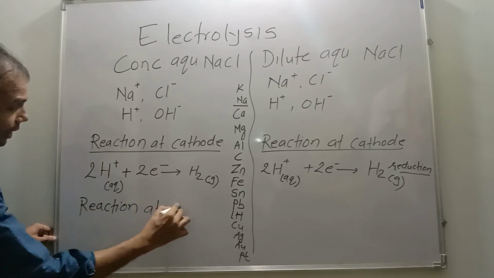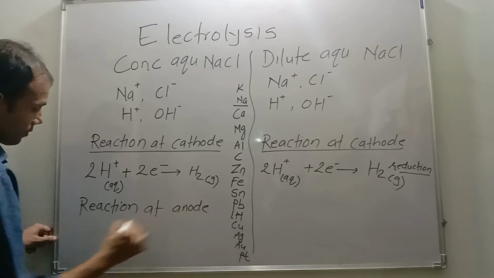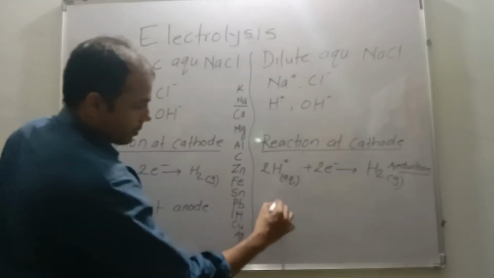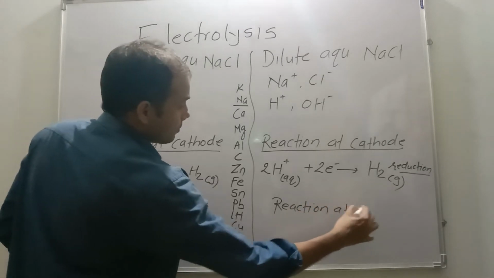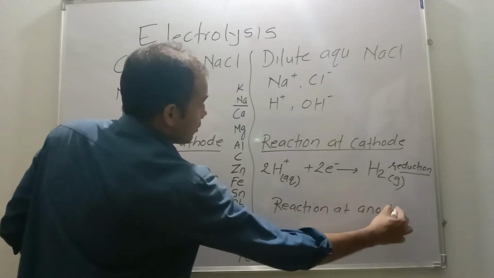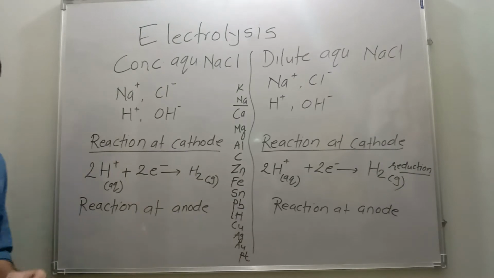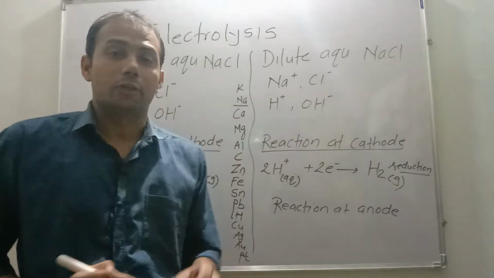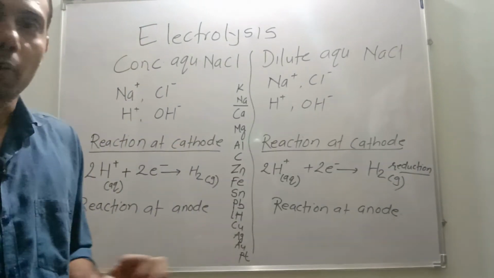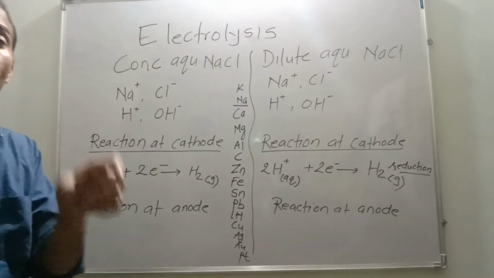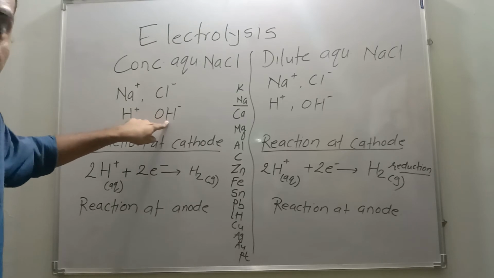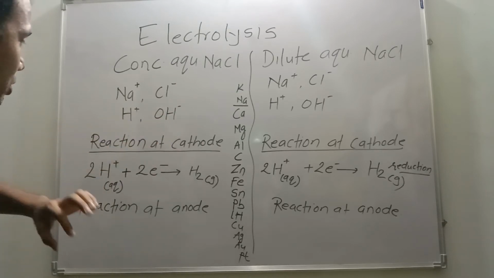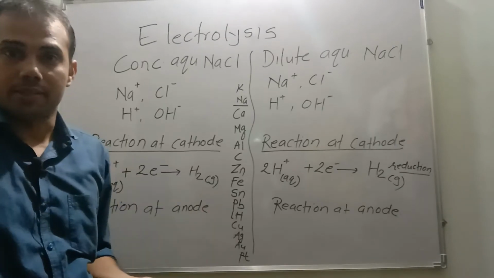Now move to the other case, that is the reaction at anode. I will write down for this one as well, reaction at anode. So the anode is a positive charge electrode, so there are two anions, one is Cl- and another is OH-. So which anion is going to discharge?